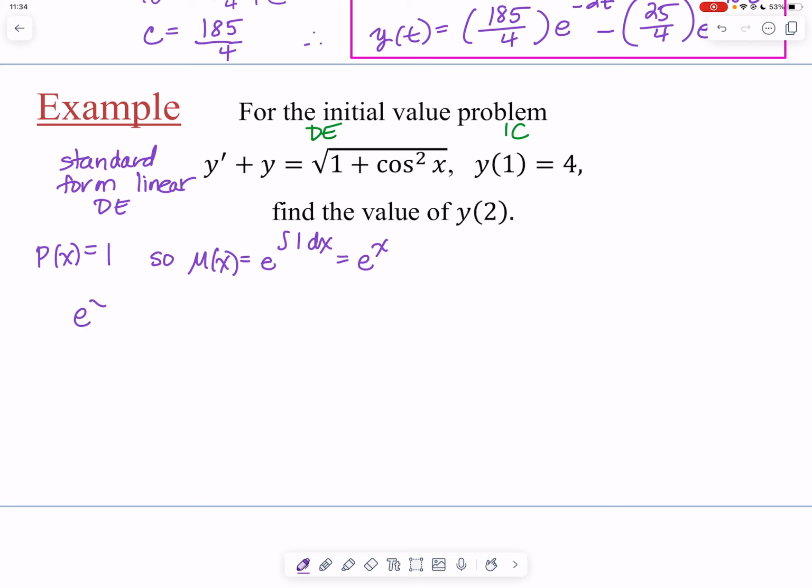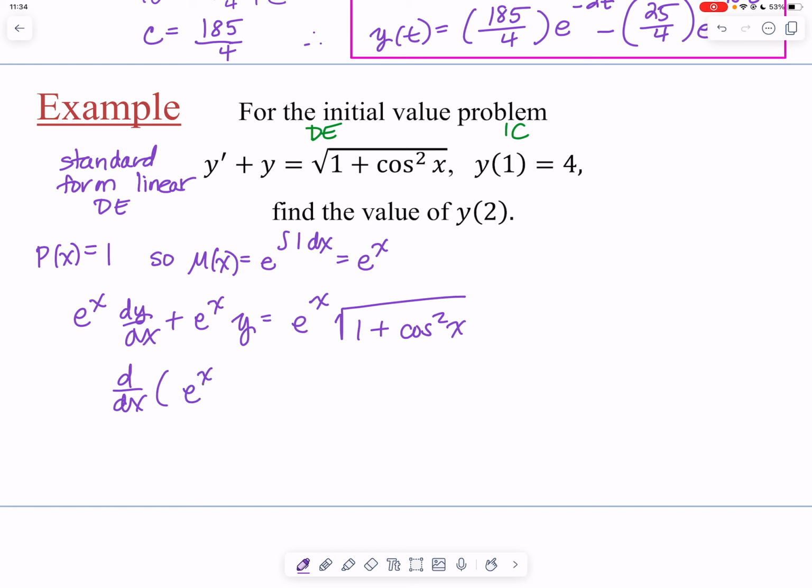So we have e to the x dy dx plus e to the x y is equal to e to the x times the square root of 1 plus the cosine squared x. As you can see, this left-hand side is the derivative of e to the x multiplied by y.